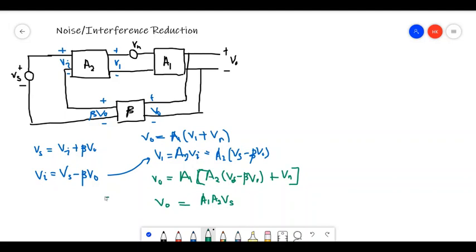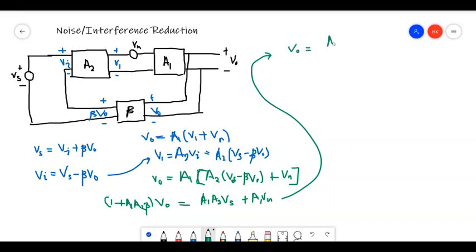I can take this to this side, so I will have 1 plus A1 A2 beta on this side, and plus A1 Vn, right?